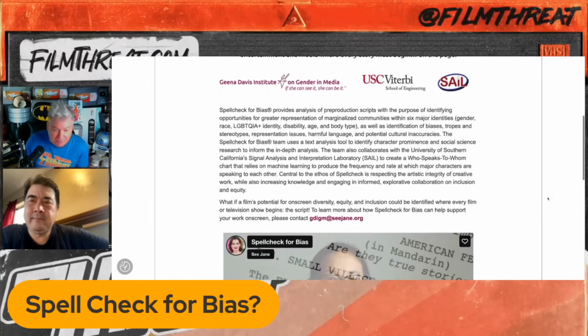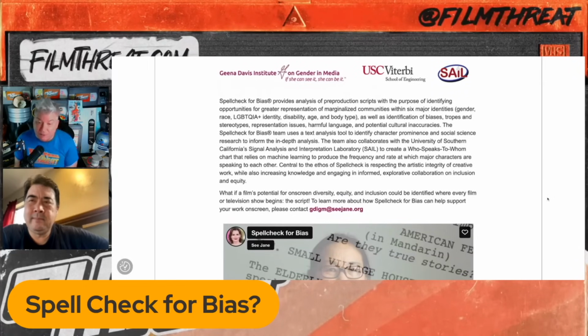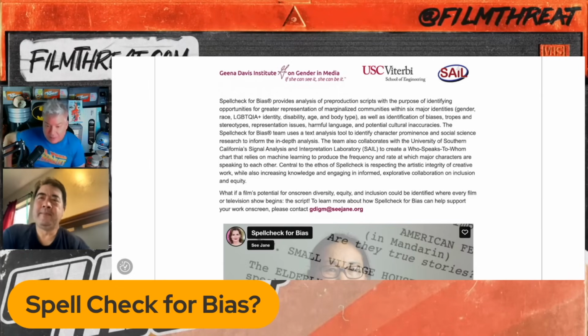Spellcheck for Bias provides analysis of pre-production scripts with the purpose of identifying opportunities for greater representation of marginalized communities within six major identities: gender, race, LGBTQIA+ identity, disability, age, and body type.